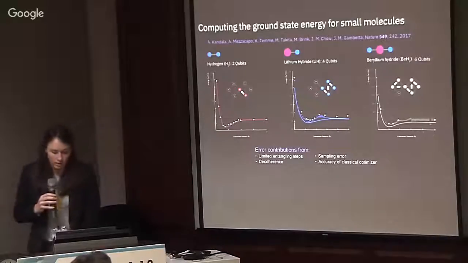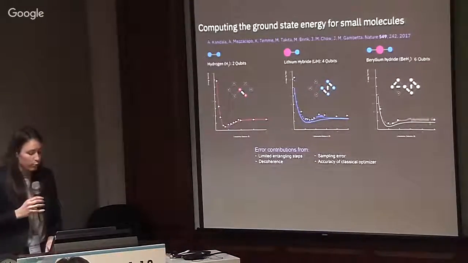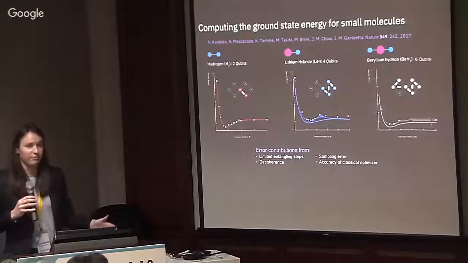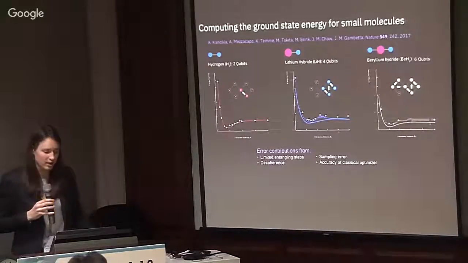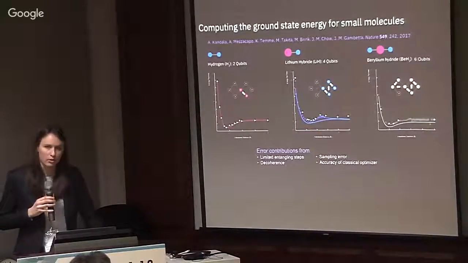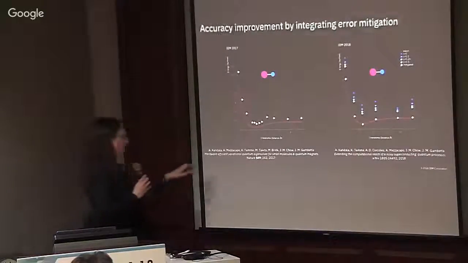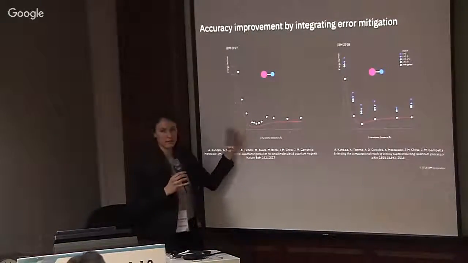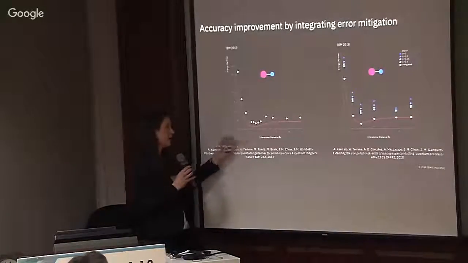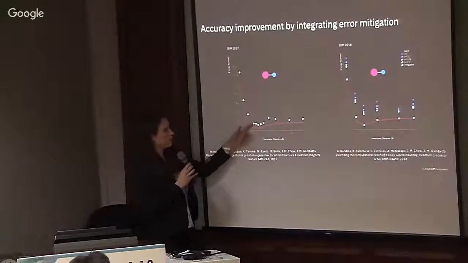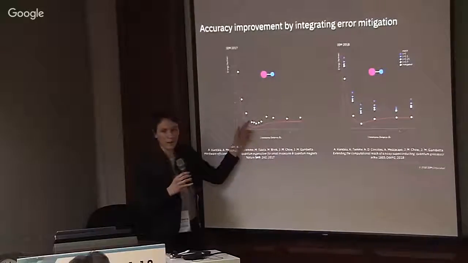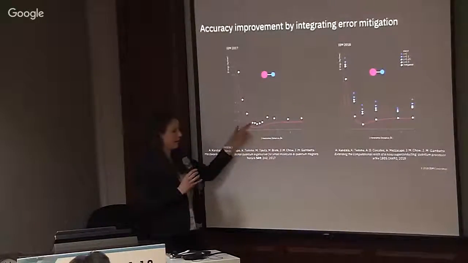To improve these before we have fully fault-tolerant quantum computers, you can use a classical error mitigation technique. Here on the left is one of the plots from the previous slide, where for lithium hydride the energy that you get from the quantum computer was not very good.